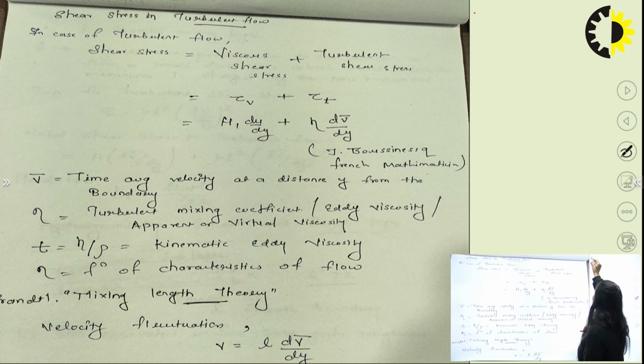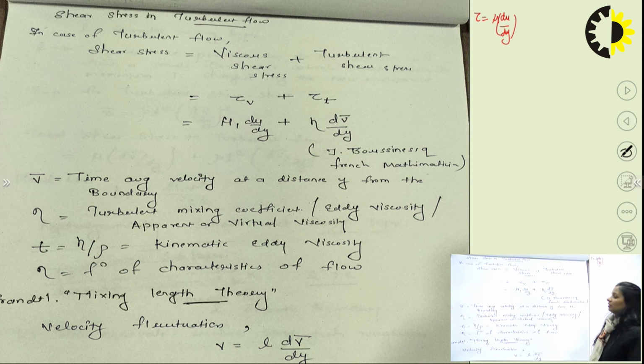What is that? It is tau equal to mu du by dy, where du by dy is the variation in velocity, and tau is the shear stress.